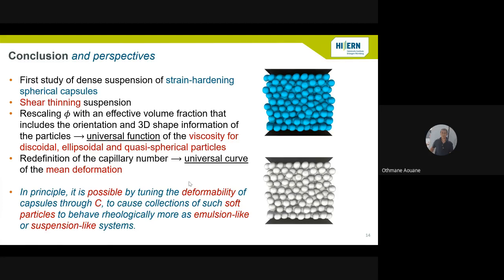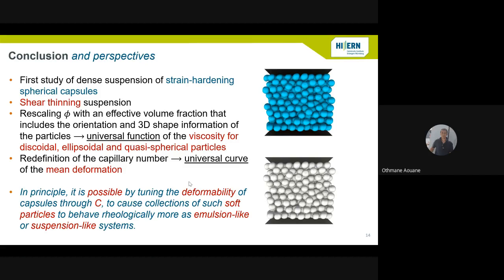The obvious choice for us was Lattice Boltzmann. We observed a shifting behavior for these strain-hardening capsules. We managed to obtain a universal function of the viscosity, which takes into account changes of shape, from discoidal to quasi-spherical shapes. Similarly, we also obtained a universal curve for the mean deformation.